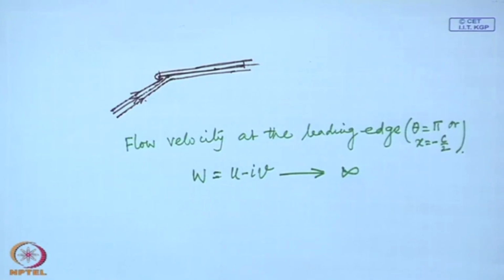Meaning that at the leading edge point, an infinite suction peak is created. An infinite suction is created at the leading edge, or the leading edge is basically a singular point in this case.